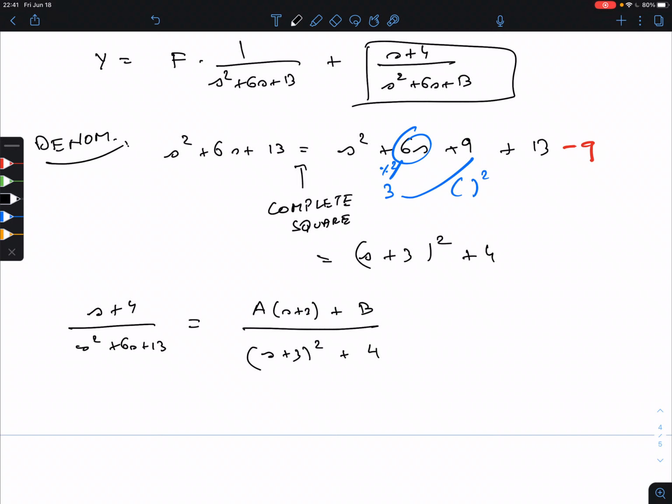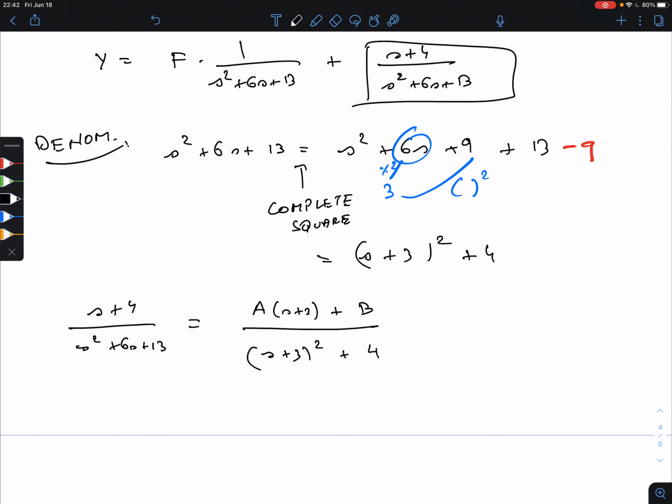Completing the square tells us to think of it as a polynomial in s plus 3, or perhaps more fancy, centered at negative 3. But then the top should also be written as a polynomial of that type. So we have to write the top in this way.